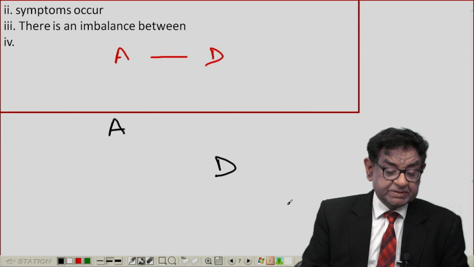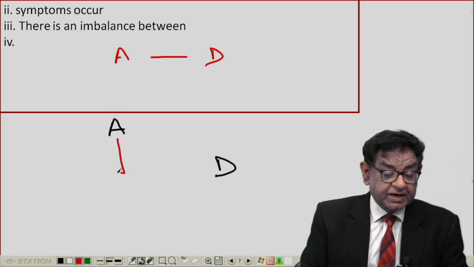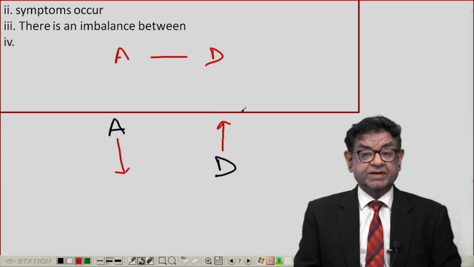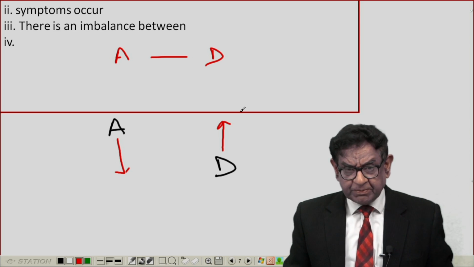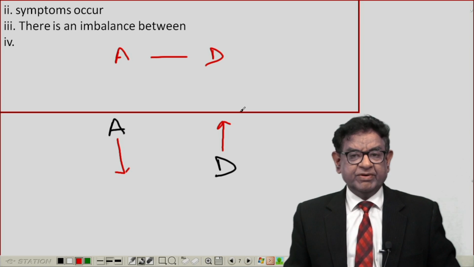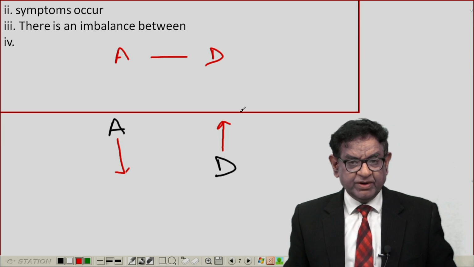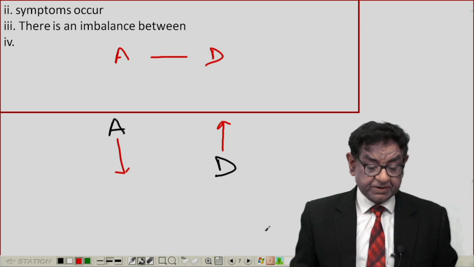So the basic principle of treatment is that I give either an anticholinergic drug or a dopaminergic drug, and this is how the balance is restored. With this simple basic concept, when I talk to you about treatment, your concepts will be very clear about why we are using a particular drug and what the advantage of using it is.